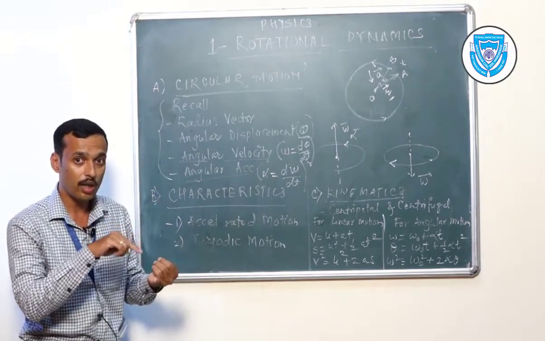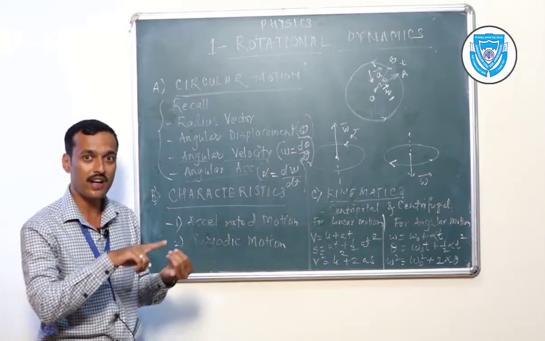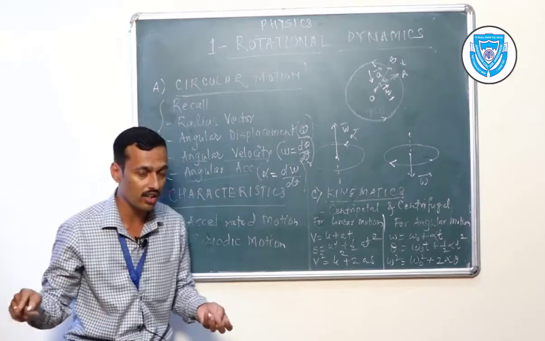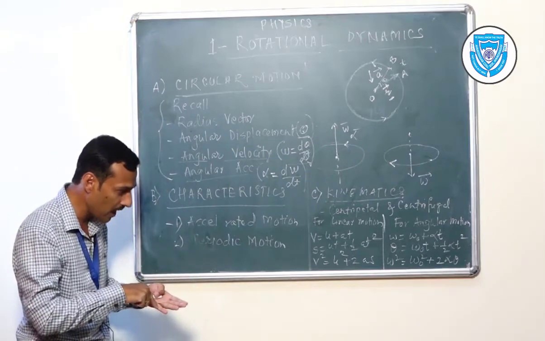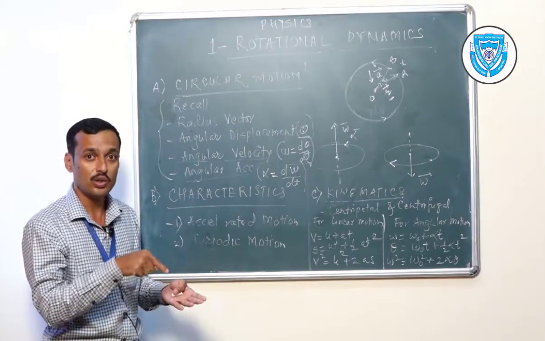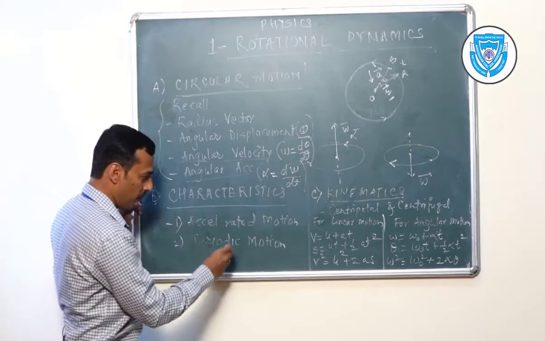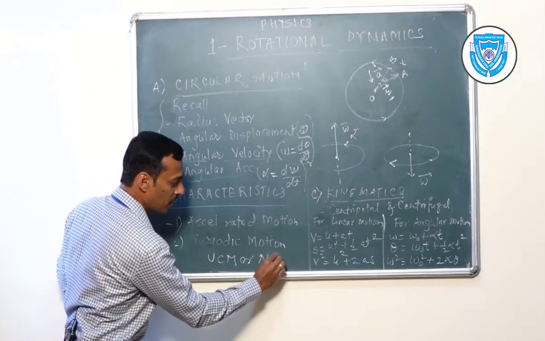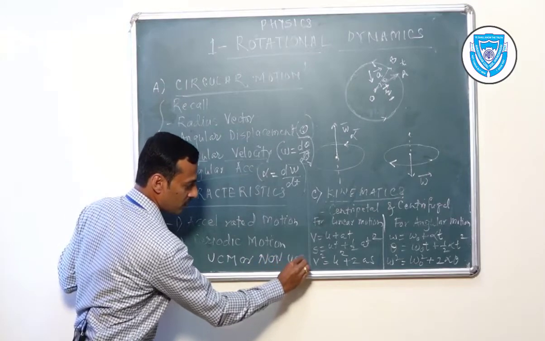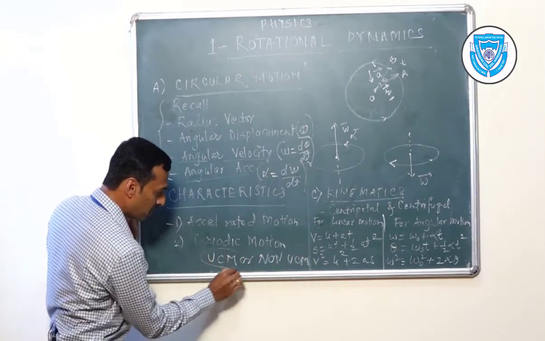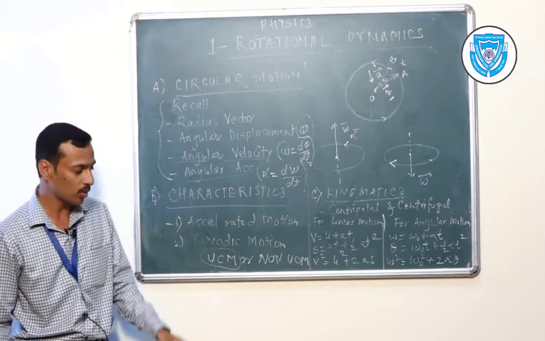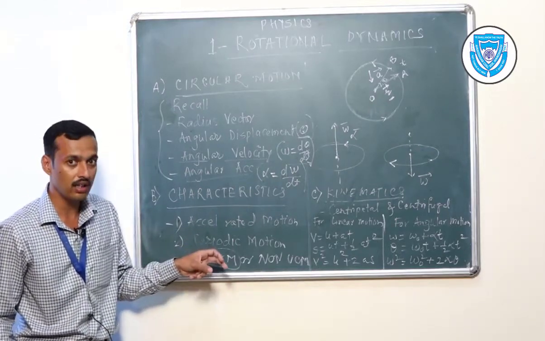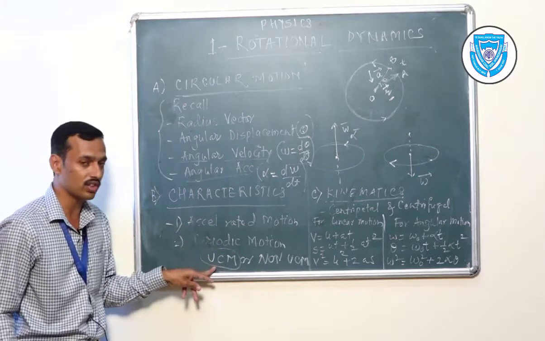I am not talking about speed. Be careful about speed and velocity. Speed is a scalar quantity, whereas velocity is a vector quantity which has magnitude as well as direction. So here, if we study either uniform circular motion or non-uniform circular motion, in uniform circular motion we can say that the velocity of a particle changes but speed remains constant.